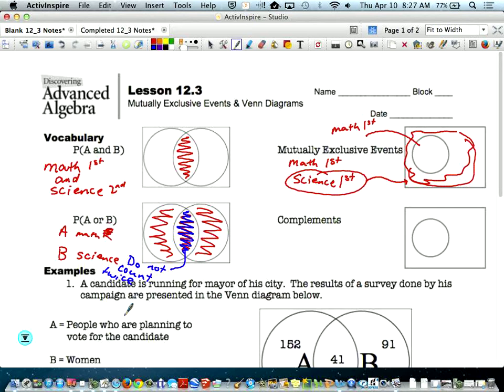We can't count them twice, so you have to be very careful how you add that up. And complements we've already talked about. It's just everything else. So if you took science, then the stuff on the outside is I did not take science. All right?